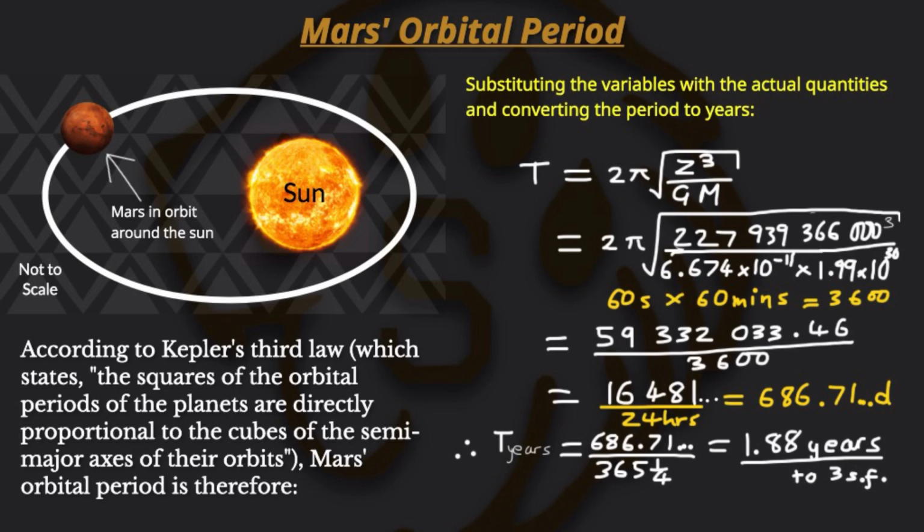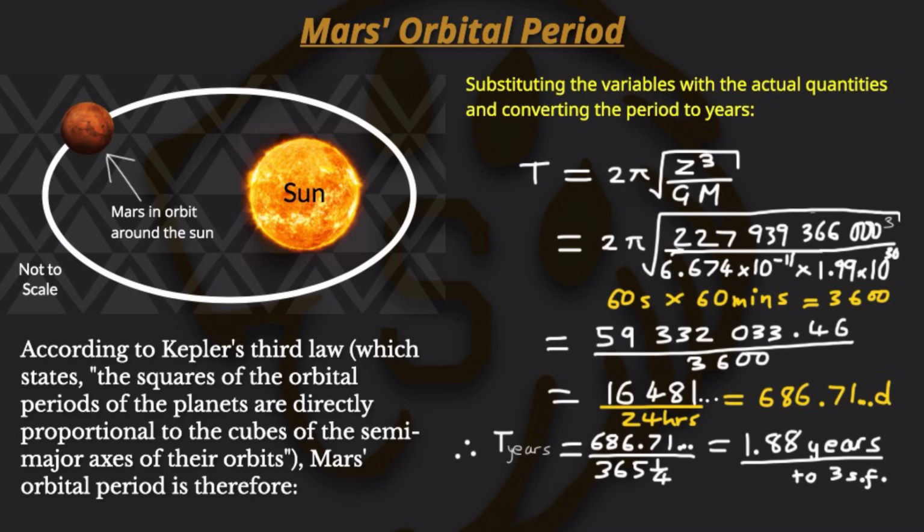The denominator consists of G, which is equal to 6.674 times 10 to the power negative 11, multiplied by the mass of the Sun, which is 1.99 times 10 to the power of 30. It's not so clear, but it's 30. And then we get our answer, which is 59,332,033.46. That will be in seconds.